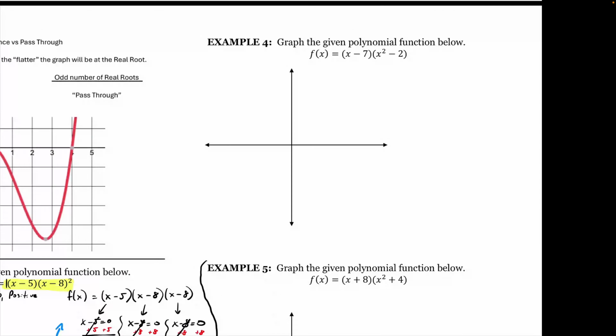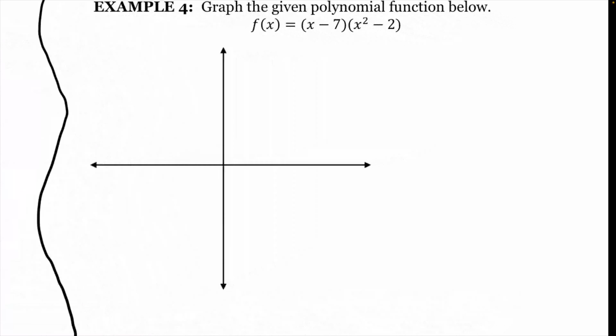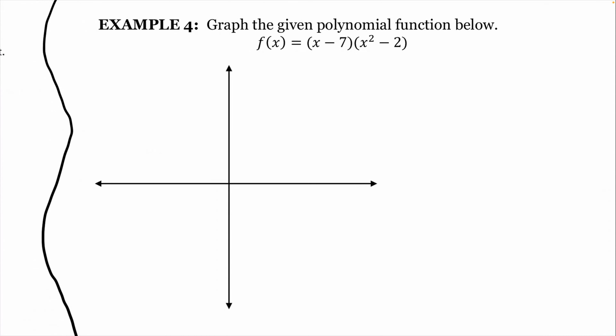All right? Let's do the next one. Okay, so I should have done this before. What's the degree here? Remember, the degree is how many answers I'm going to get, the biggest power? 3, right?